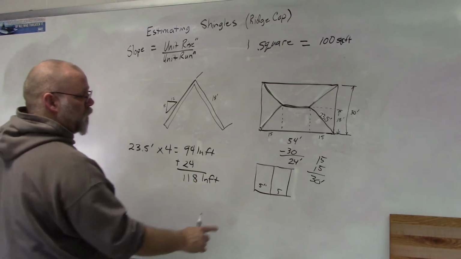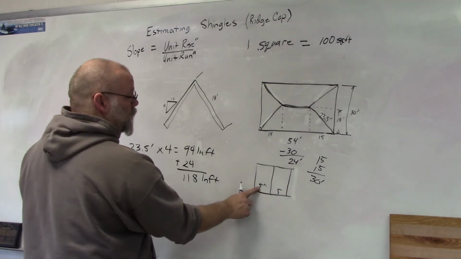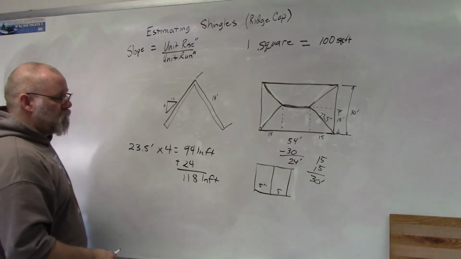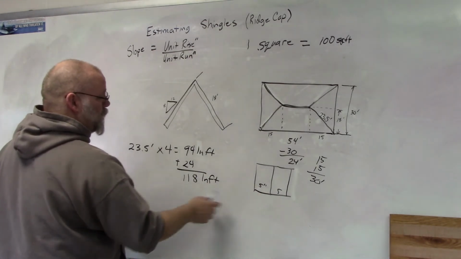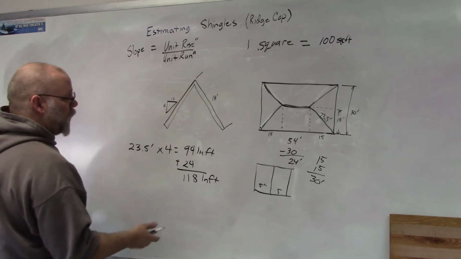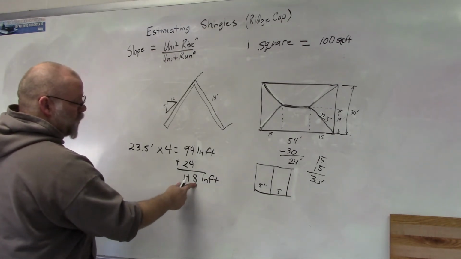Okay, now, each one is 5 inches wide, so I'm going to take this number and divide by that. But remember, this one's in feet, that one's in inches, so we have to convert one of them. So let's just convert this one into inches.